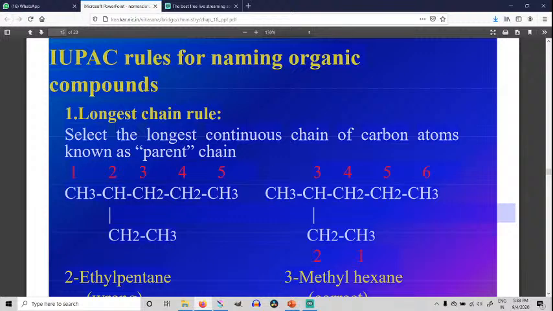That is known as the parent chain, and based on the parent chain we give the IUPAC name. We find out the root word: if there is 1 carbon atom, the root word will be meth; 2 carbon atoms, eth; then 3 for prop, 4 for but, and it continues like this. So first of all we need to find out which one is the longest parent chain.